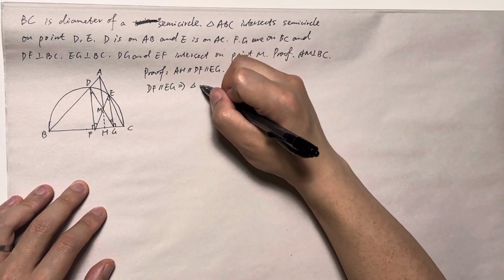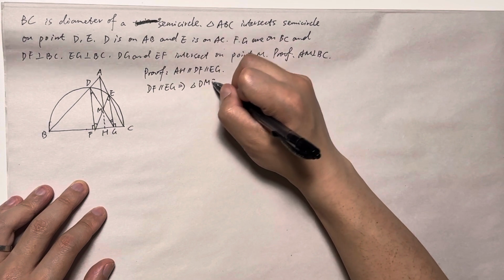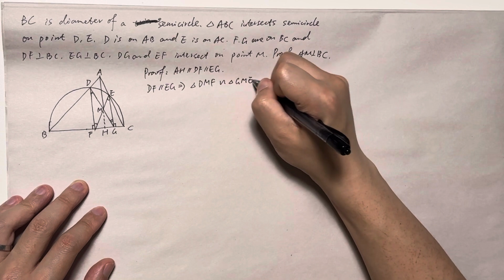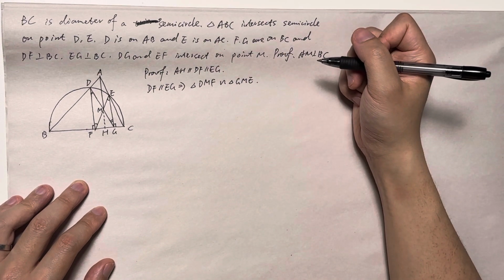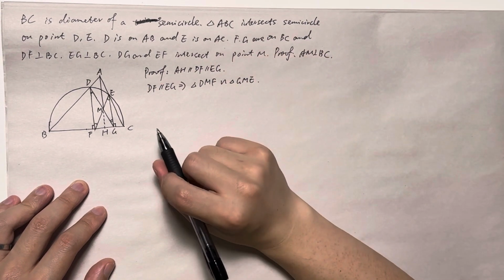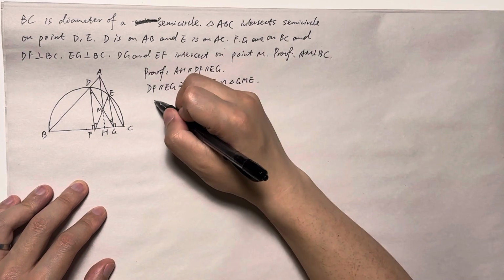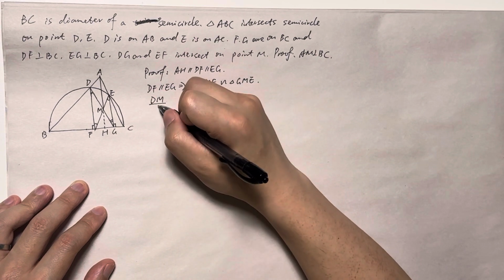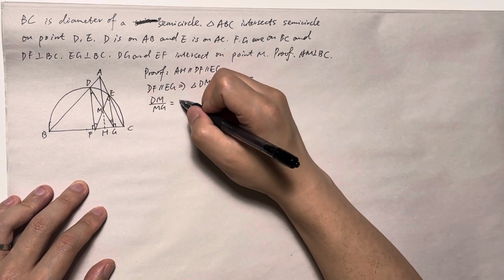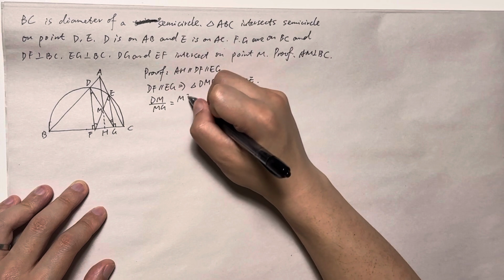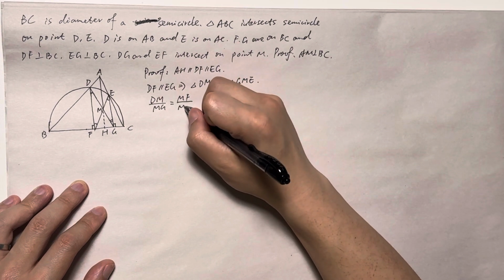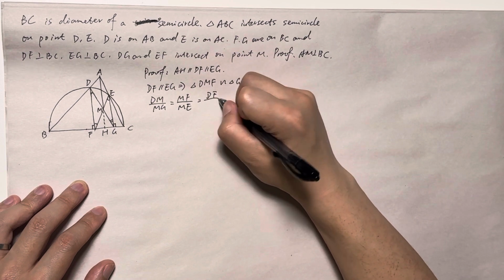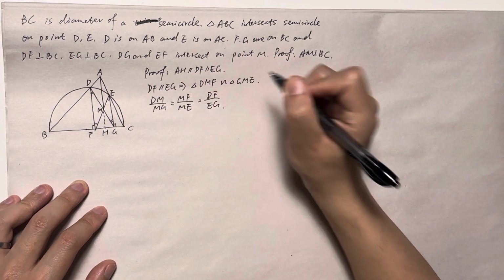So triangle DMF is similar to triangle GME, which means we know the ratio DM to MG equals MF to ME equals DF to EG.